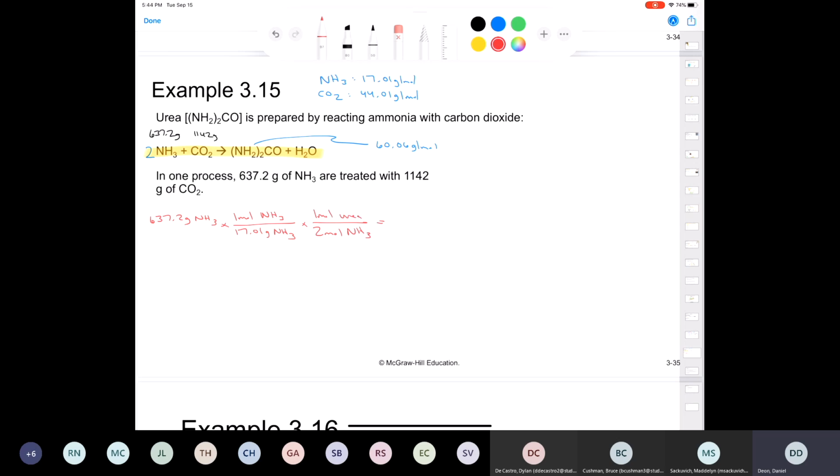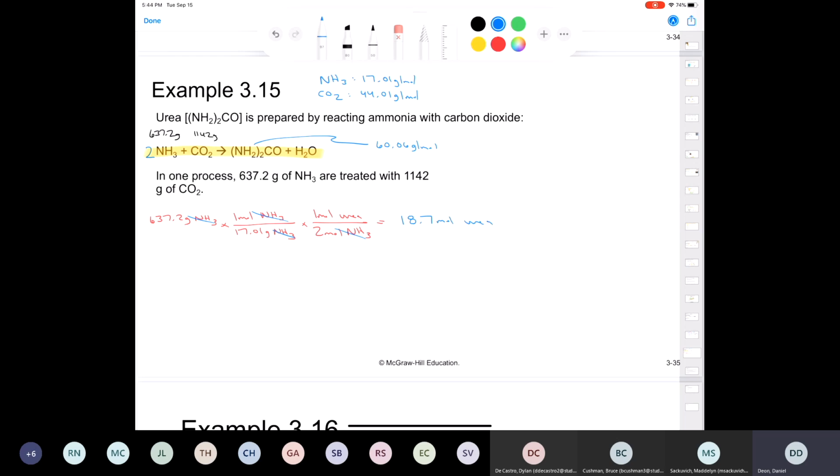When I stop right here, that's going to tell me how many moles of urea I'm going to end up making. Now, let me get my calculator out here. We have 637.2 divided by 17.01 divided by 2, and that gives me 18.7, so 18.7 moles of urea.